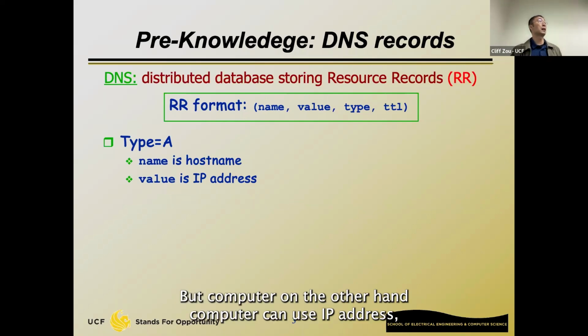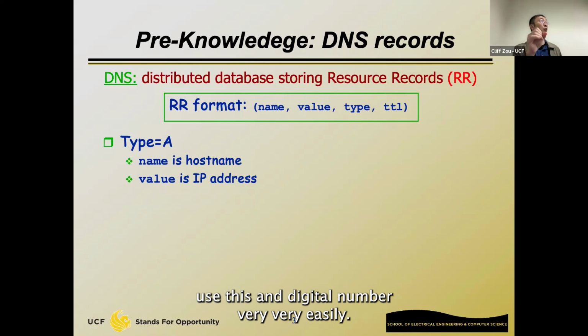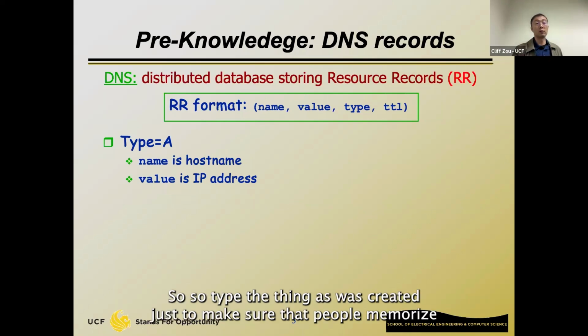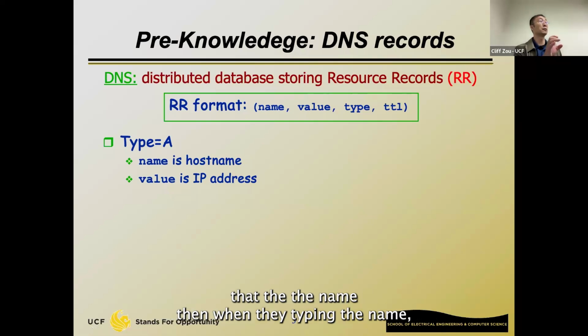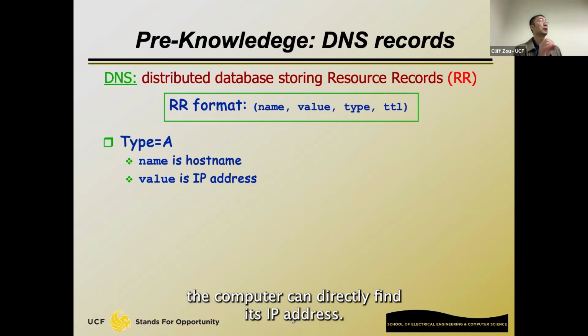But computer, on the other hand, can use IP address, this digital number, very, very easily. So the DNS was created just to make sure that people memorize the name. Then when they type in the name, computer can directly find its IP address.